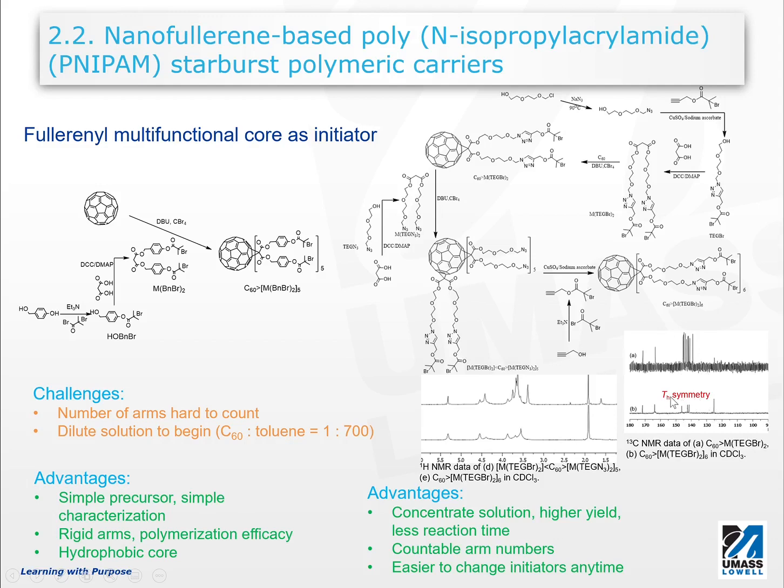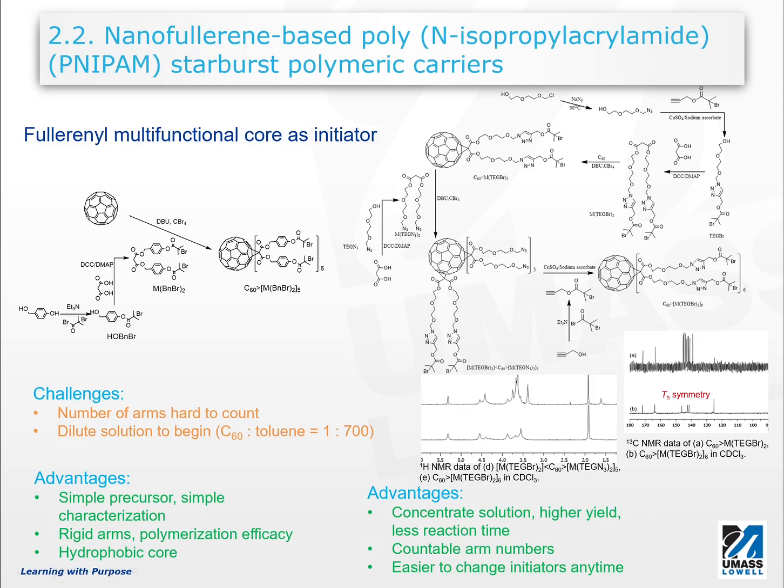Both with proton NMR and C13 NMR, we can characterize the structure. The advantage of this type of molecule is that we use the mono-monolith-based C60 structure to begin with. It has very good solubility in the solvent, so we can do a very concentrated reaction. This will reduce the reaction time and also increase the yield.